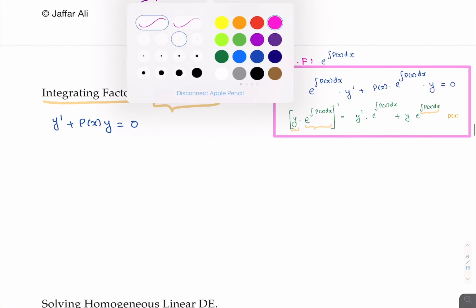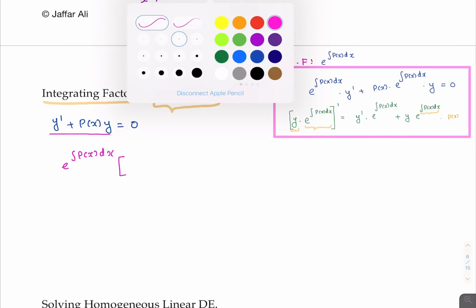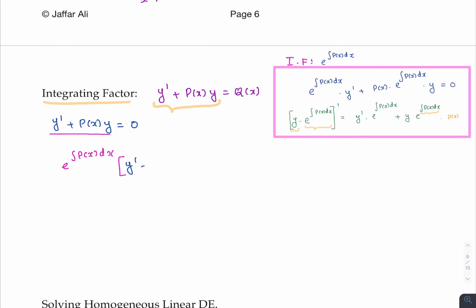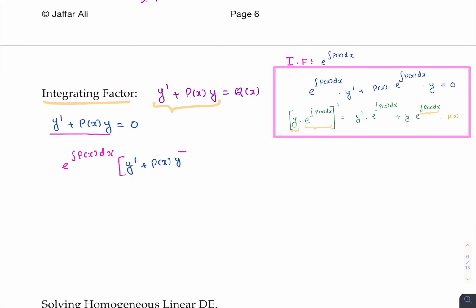Now I'm going to multiply this integrating factor with this one. So I have e to the integral of p of x dx multiplied by y prime plus p of x times y, and that is equal to e to the integral of p of x dx times 0.